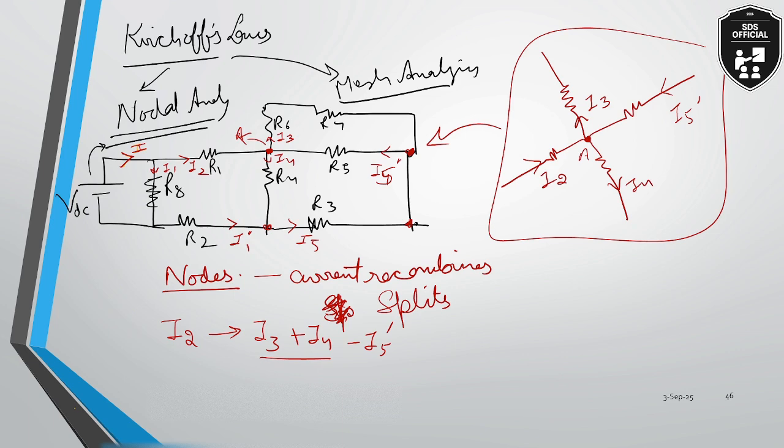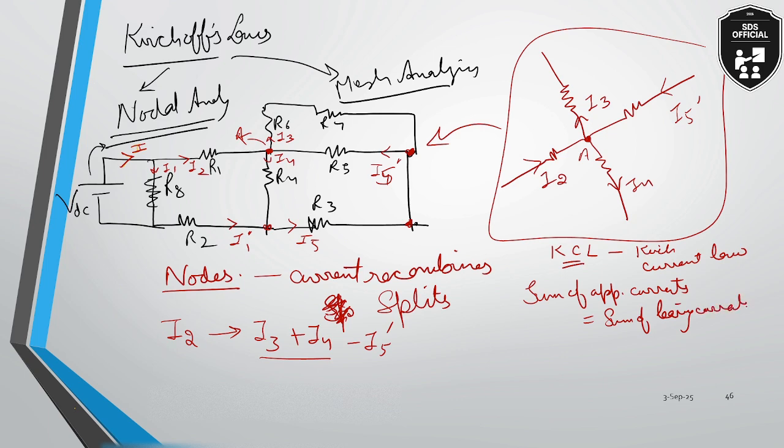So what is Kirchhoff's current law? It is known as KCL, Kirchhoff's current law. What does it state? It states that the sum of approaching currents at a node is equal to the sum of leaving currents at a node. You understand what I am saying?